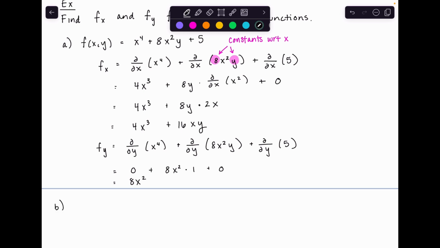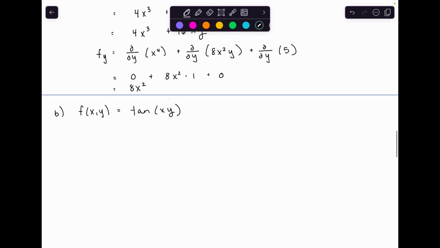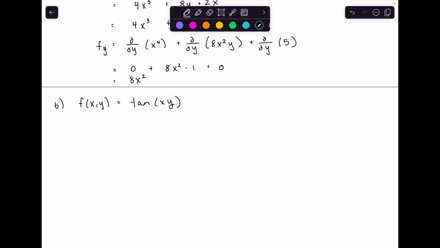We can make it more complicated, and we can still apply our chain rule in here. So let's try this next one. Our function is going to be tangent of xy. So if I take the partial with respect to x, that is that inside piece, so I've got to use my chain rule. I had to go outside in, so derivative of tangent is secant squared. It stays evaluated at the inside.